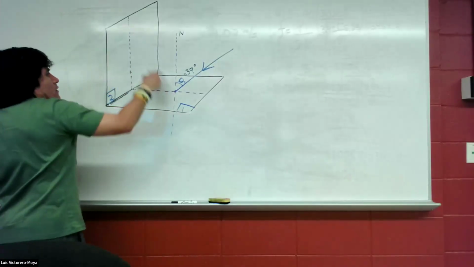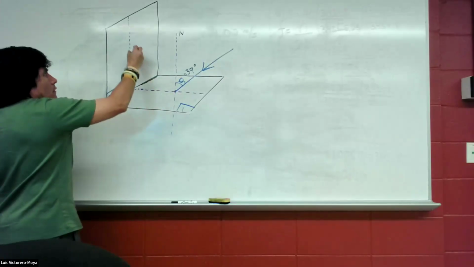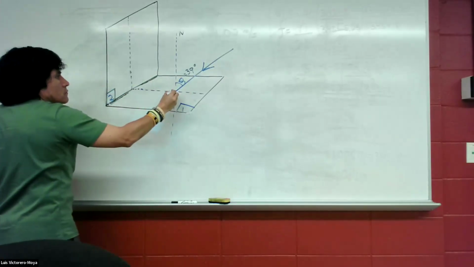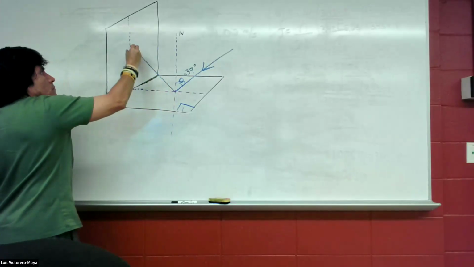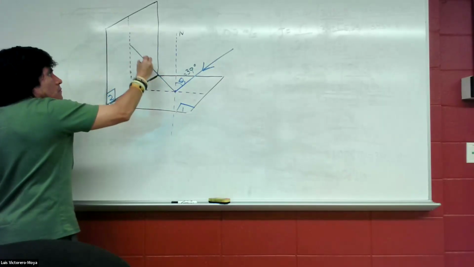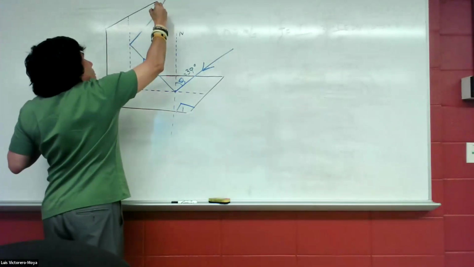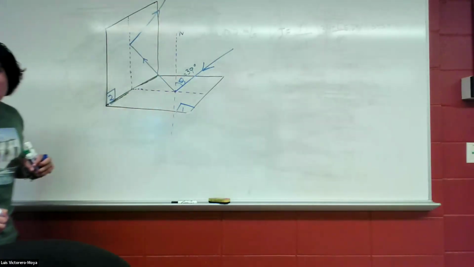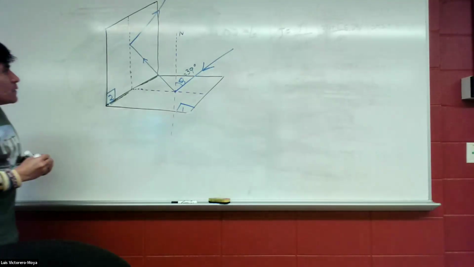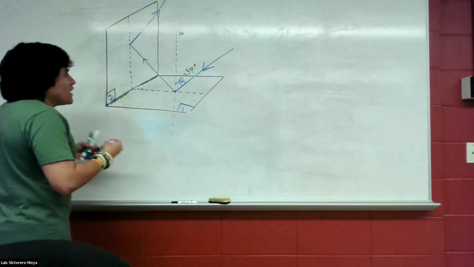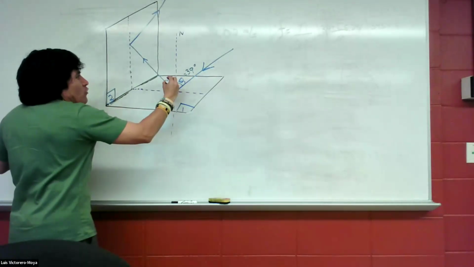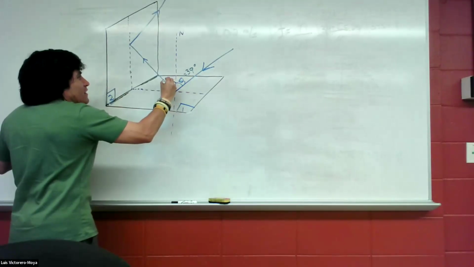Light is going to go here and then it's going to bounce here, and then it's going to bounce like this. That's what light is going to do. So 39 degrees by the law of reflection, that's also 39.